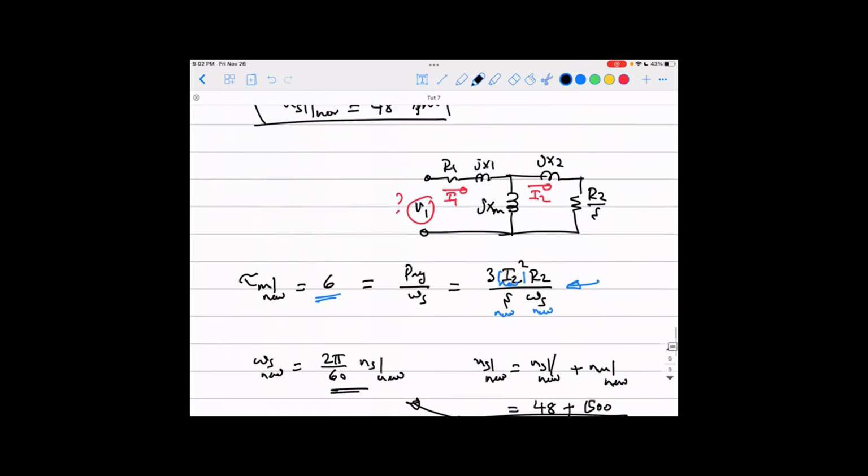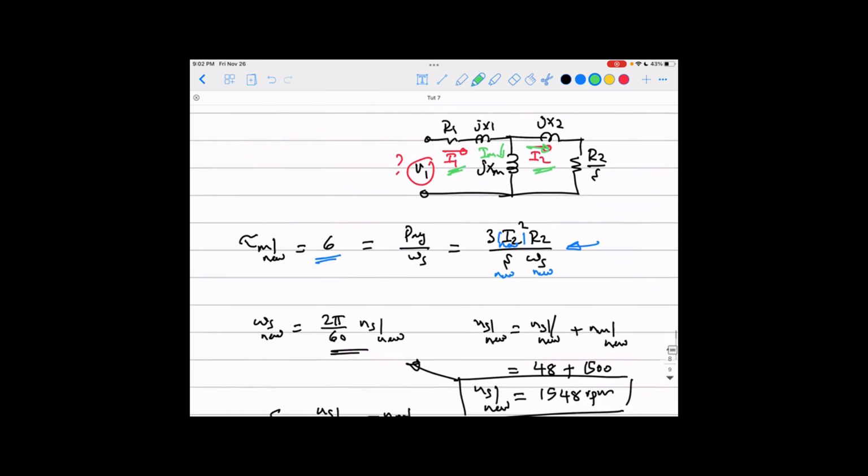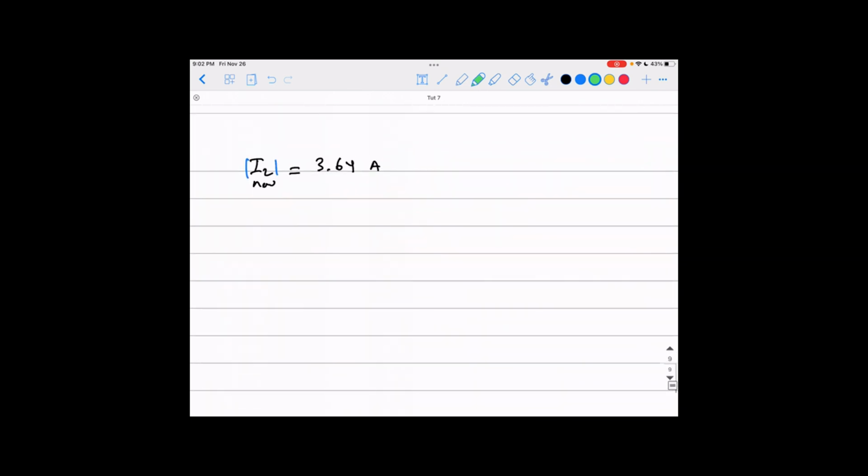Can this help us? Yes. From this equivalent circuit, if you know I2, you should be able to find I1, because I1 is the total current that is divided, one part going to IM and the other being I2. By the basic current divider relationship, I2 equals the total current I1 multiplied by the far impedance, jXM, divided by the sum of the two impedances: jXM plus jX2 plus R2 over s.